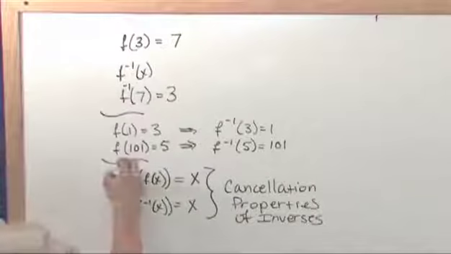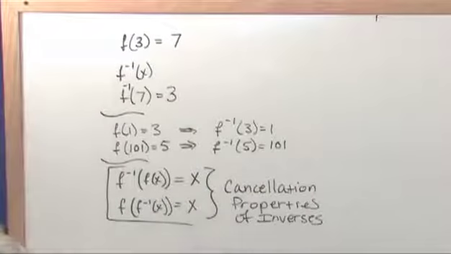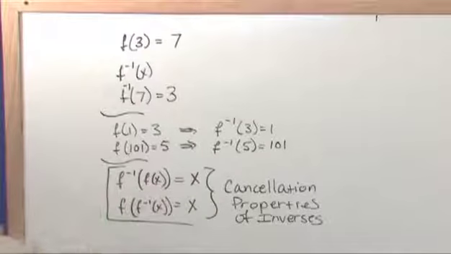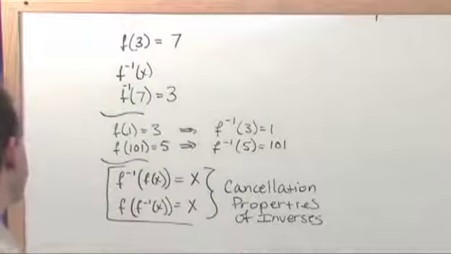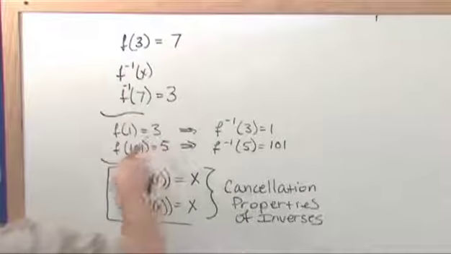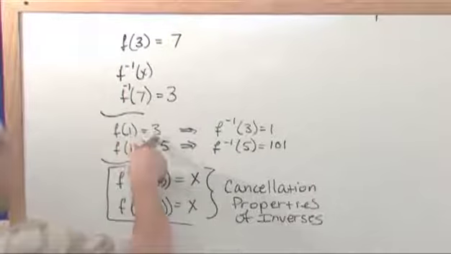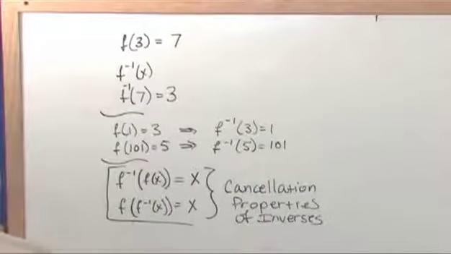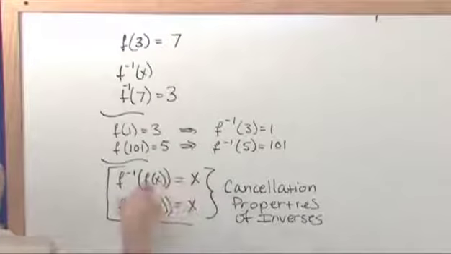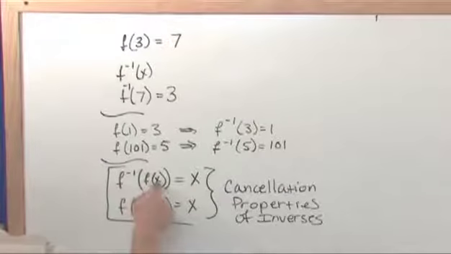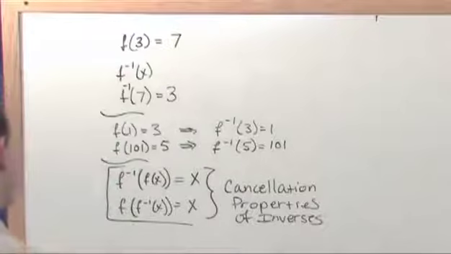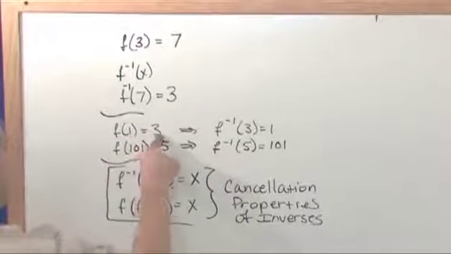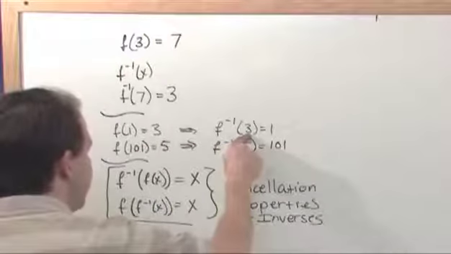Okay, and what does this mean? This is important for you to remember. If you take a function and you plug it into its inverse, you're going to get back x. You can see what's going on here, like in the case above. If f of 1 is 3, then f inverse evaluated at 3 is 1. So if I take the inverse function and evaluate it at f of x, I'm just going to get back x.